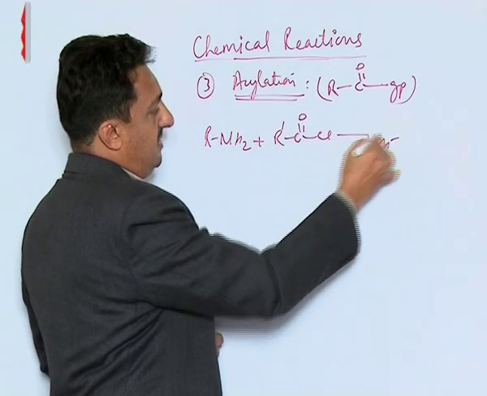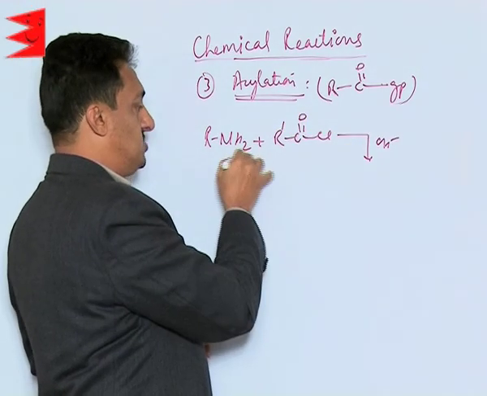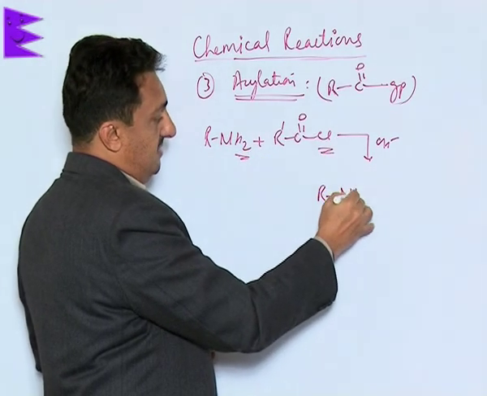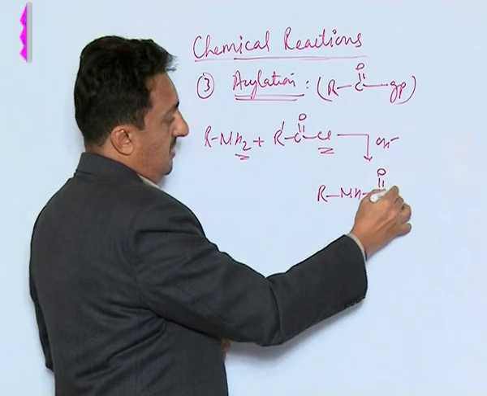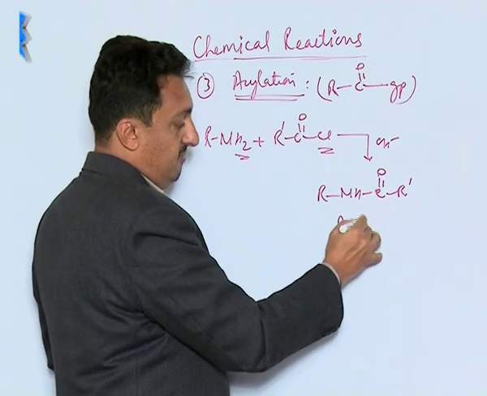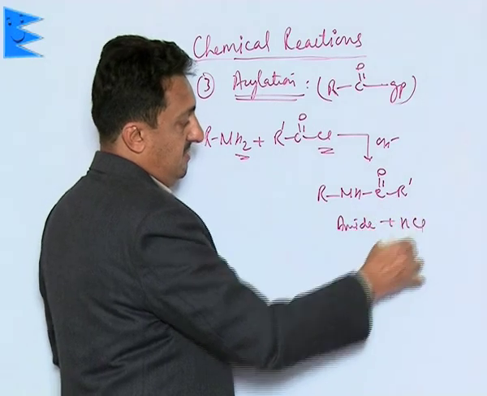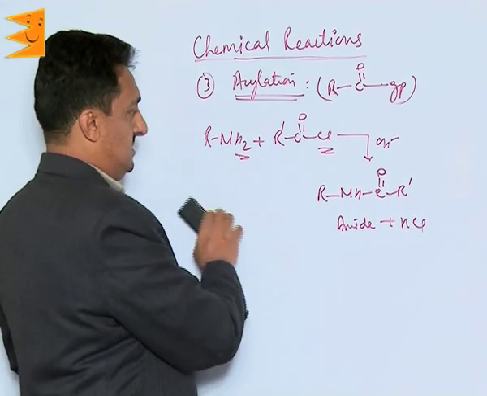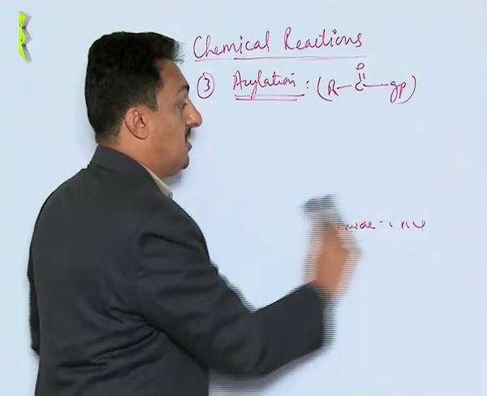In basic medium, the H here and the Cl go out, and what we get is this amide being formed plus HCl. Let us see now the examples. This is called acylation.